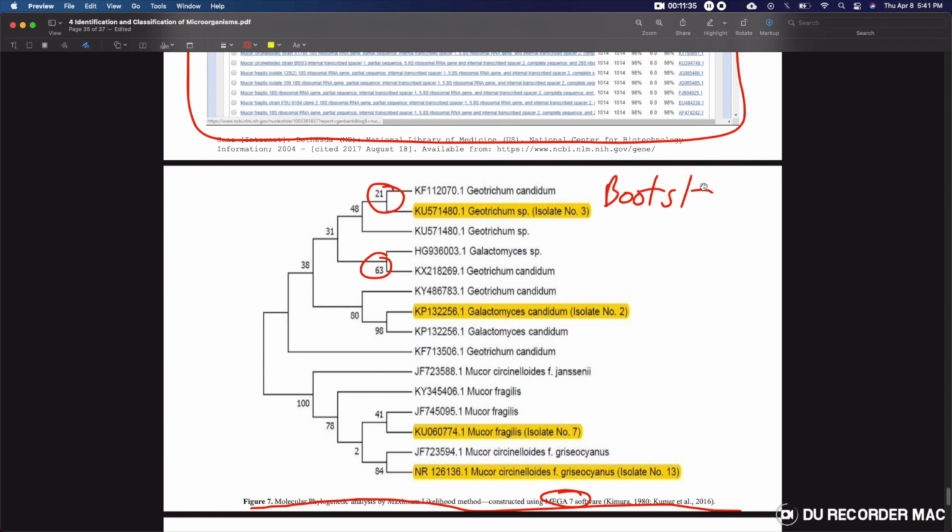Again, how do we conclude the meaning of this bootstrap value? Essentially, when you have 1000 bootstrap replications, during the settings of your tree, you basically told the software to do 1000 bootstrap replications.